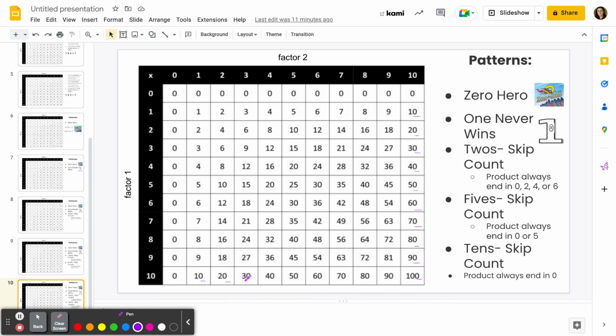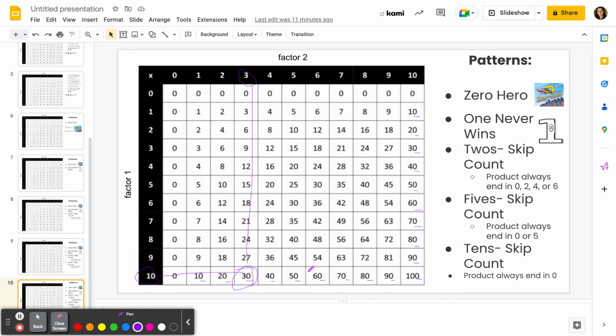I can also use skip counting by tens to help me. Let's try 10 times 3. Here's my 10. Here's my 3. And I'm going to skip count by 10 3 times. 10, 20, 30. 10 times 3 equals 30.